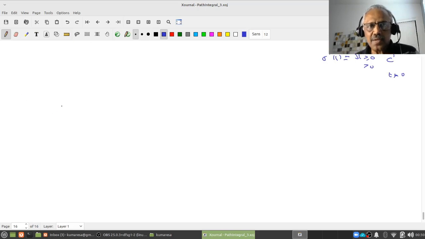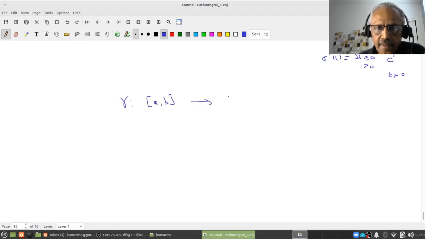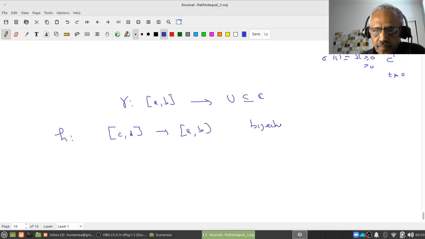These are all actually part of several variable calculus and differential geometry, but I'm just repeating these things because it's very rarely done carefully. That's why. Okay, so let gamma be a path from [a, b] to U, which is in C. It could even be Rn. Suppose h is a function from [c, d] to [a, b], which is bijective, C1, and h prime is positive.